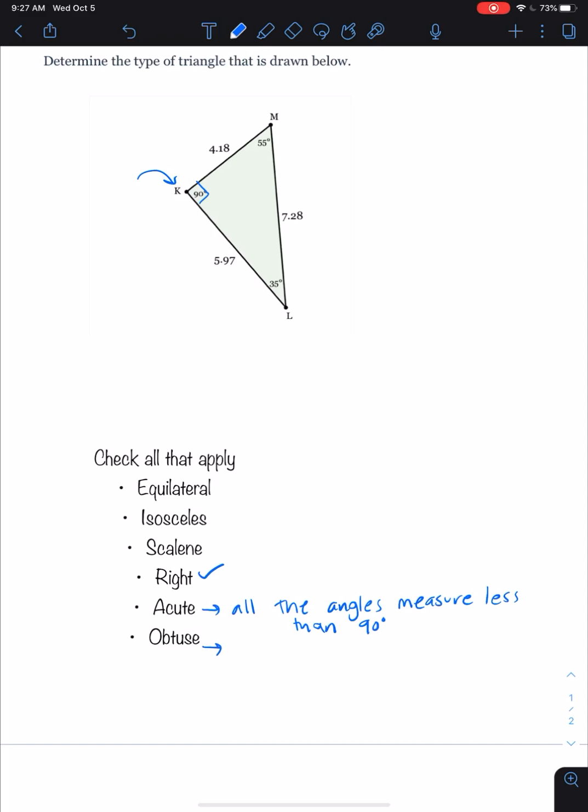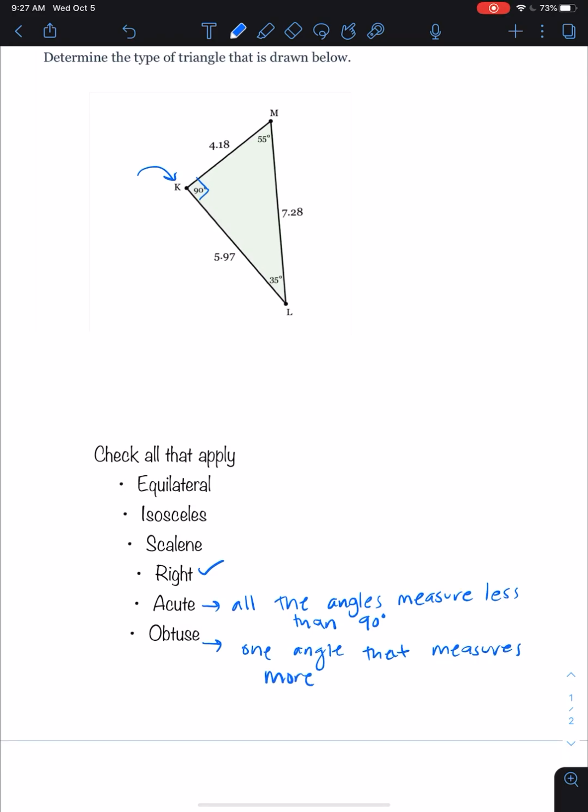Additionally, if it were obtuse, there would need to be only one angle that measured more than 90 degrees.